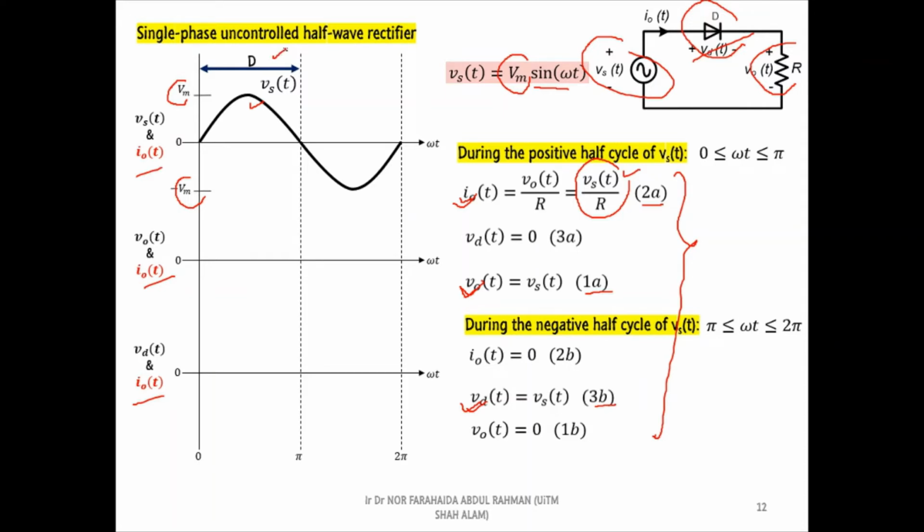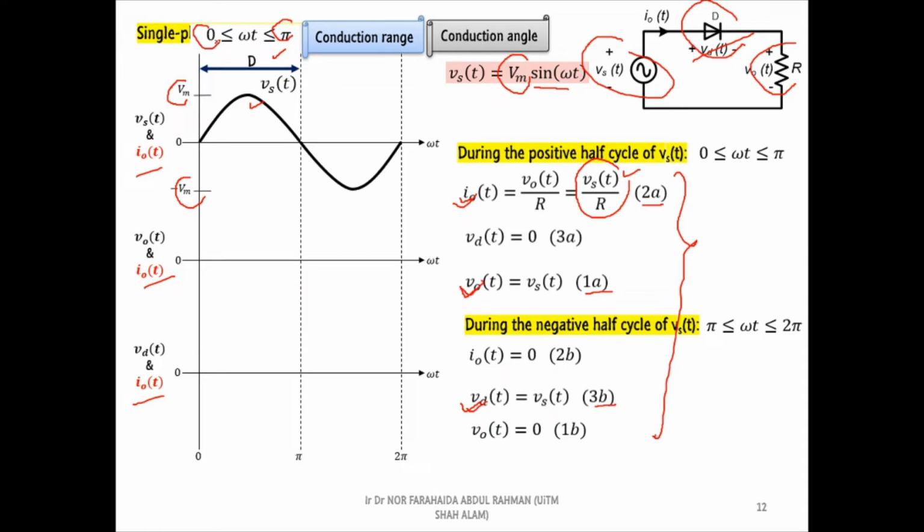This range, which is in between 0 to pi, is known as the conduction range of the diode. From the range, we can calculate the conduction angle of the diode by subtracting 0 from pi.